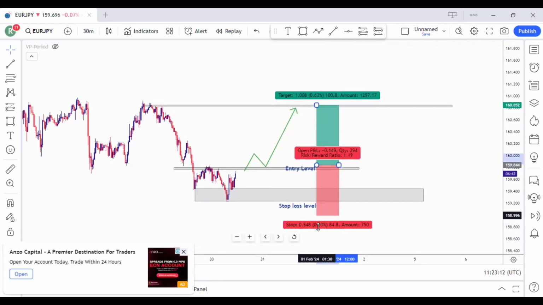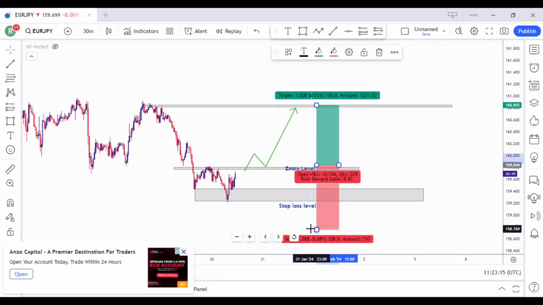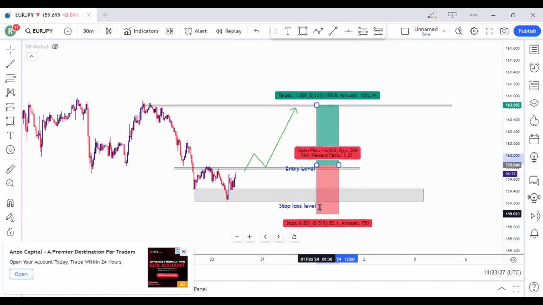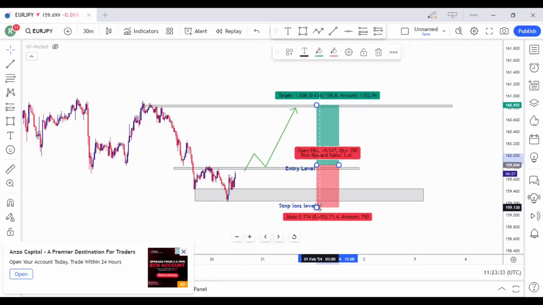Now, if you change this, and during the trade entry in your MT4 or MT5 you put your stop loss at a different level, you risk more than the 1% because you have breached one of the rules. Your stop loss must be at that particular 71.4 that you used in your calculation. It must be at that level.